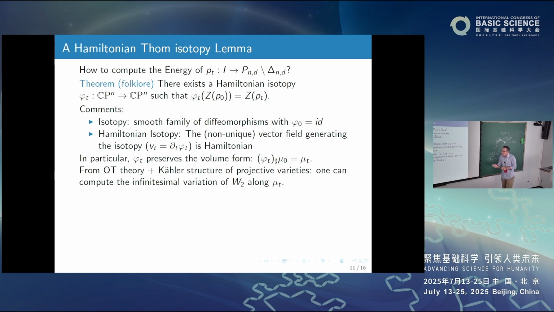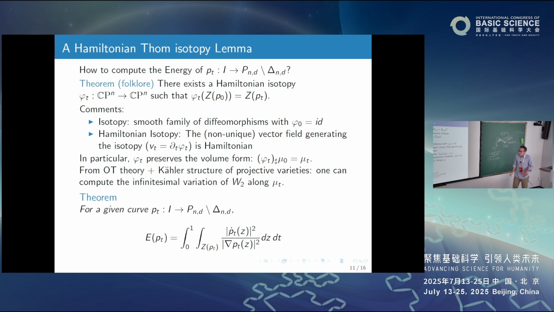To some extent, there is a certain amount of non-trivial work to understand the exact form of this object. But the point is that you have a Hamiltonian structure that kicks in, given by the fact that you are deforming a special family of measures, and this Hamiltonian structure permits you to compute really precisely the metric speed. And in the end, this is what we have finally achieved.